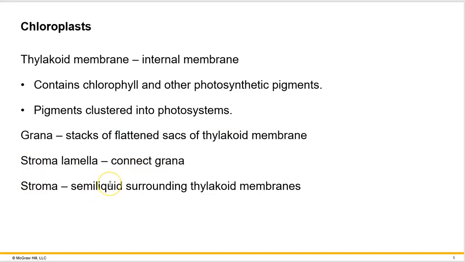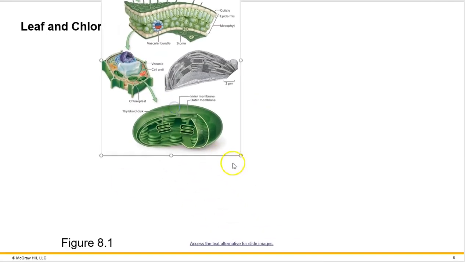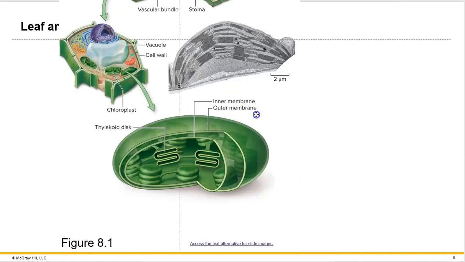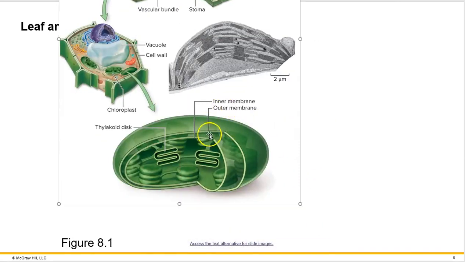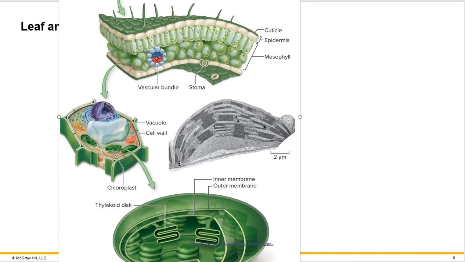And then there's the stroma, which is this semi-liquid. It's kind of a thick liquid surrounding the thylakoid membranes. And you can see the chloroplast here. It has an outer membrane, an inner membrane, these thylakoid discs, which are just membrane discs that are stacked inside of a chloroplast. And often plant cells have multiple chloroplasts in them.